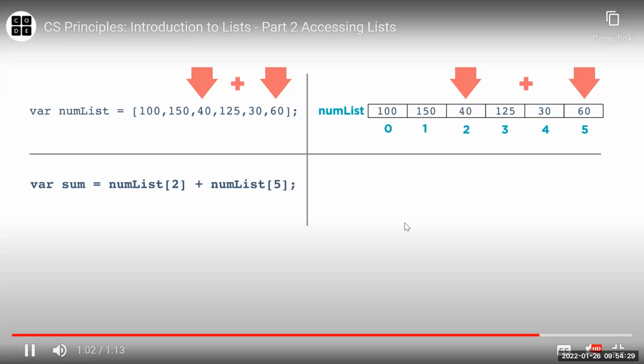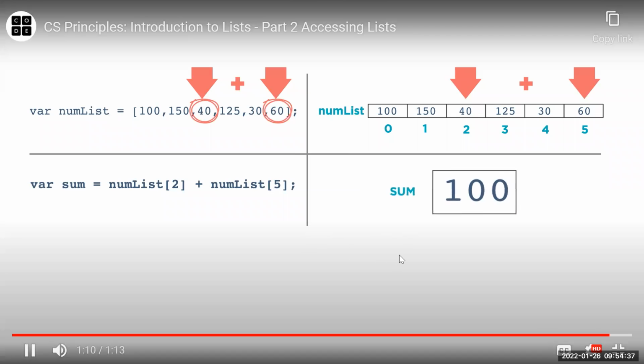The value stored at index 2 is 40, and the value stored at index 5 is 60, so the variable sum is assigned the value 100. Like I said, this isn't changing the value. It's creating a new variable called sum and it's referring to two numbers.